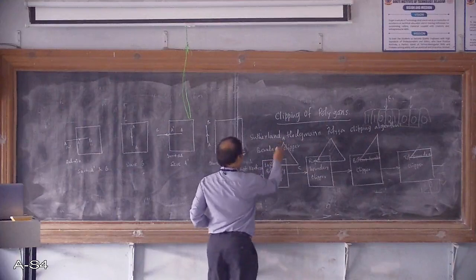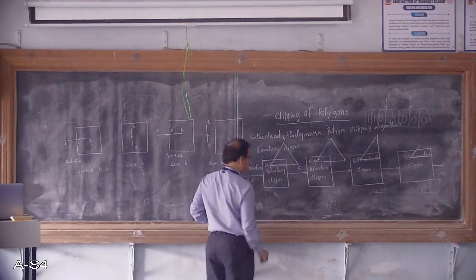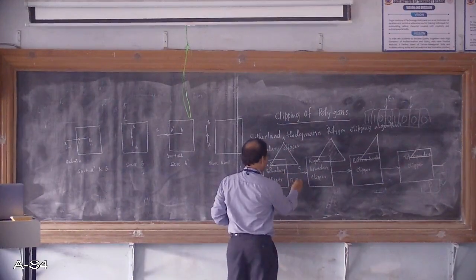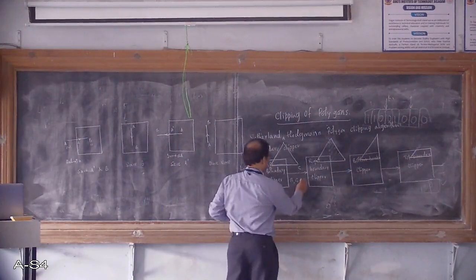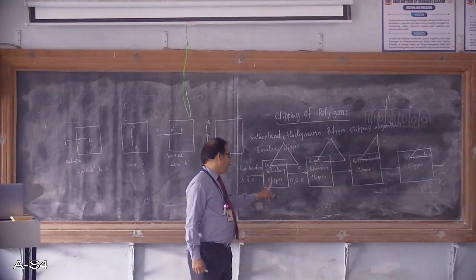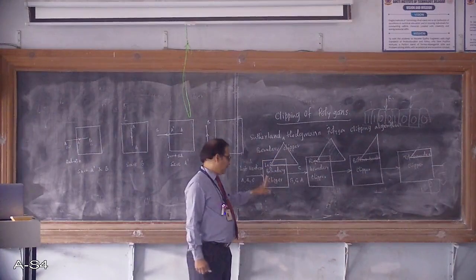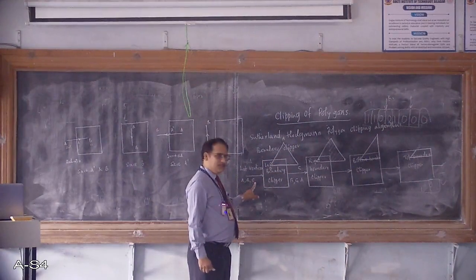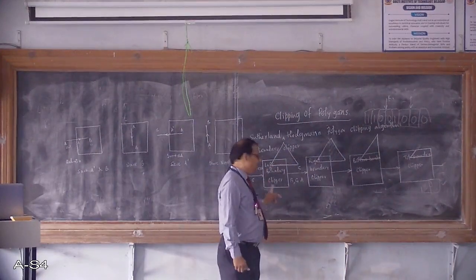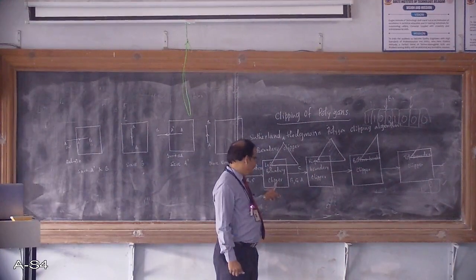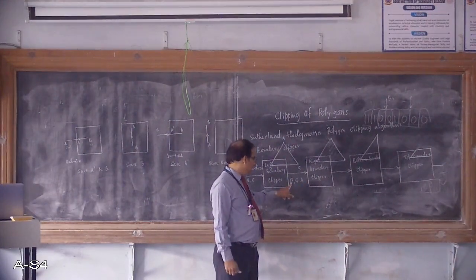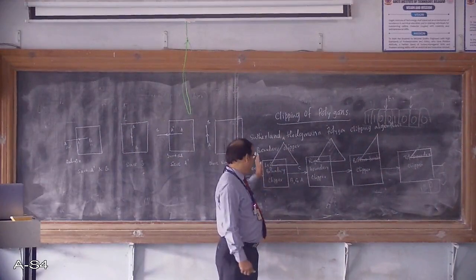So for AB, the second vertex is B. For BC, the second vertex is C. And for CA, the second vertex is A. So you can see the result of applying the left boundary clipper to the triangle: we have given ABC as the input list of vertices, and the left boundary clipper results in the three vertices BCA. So there is no change as far as the left boundary clipper is concerned.